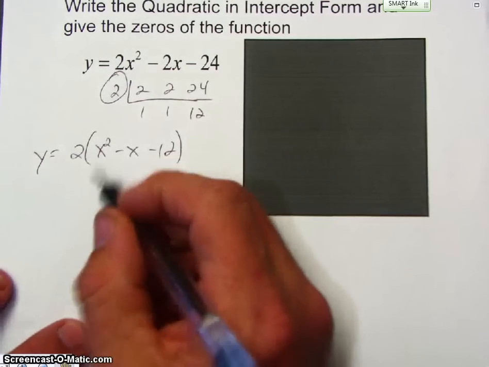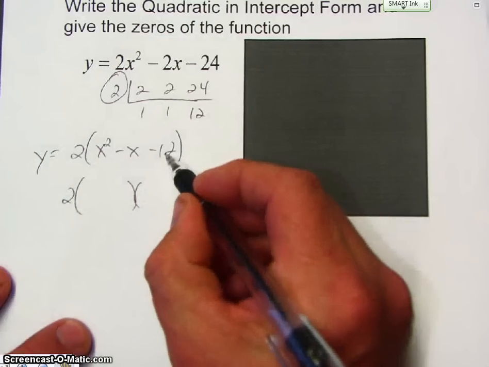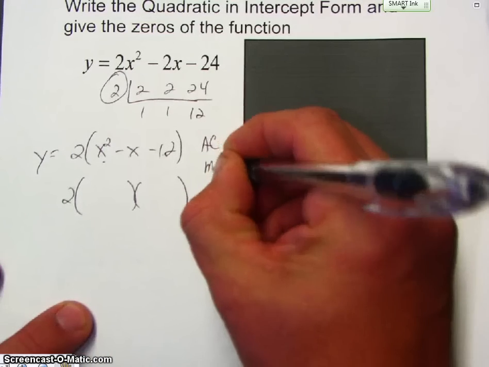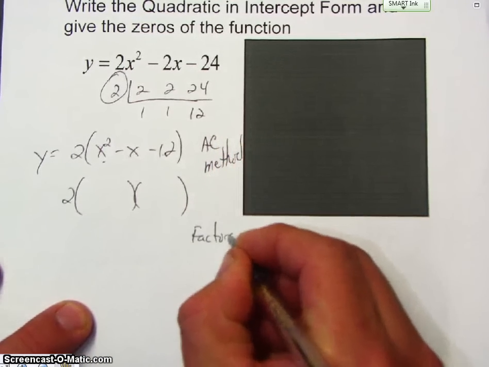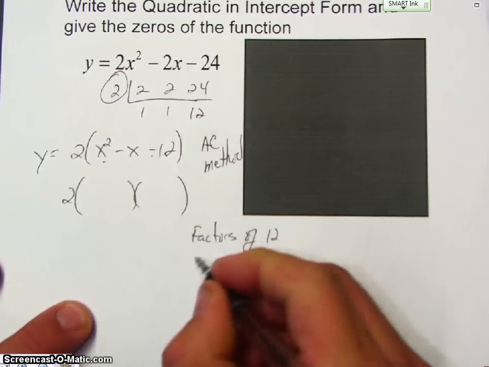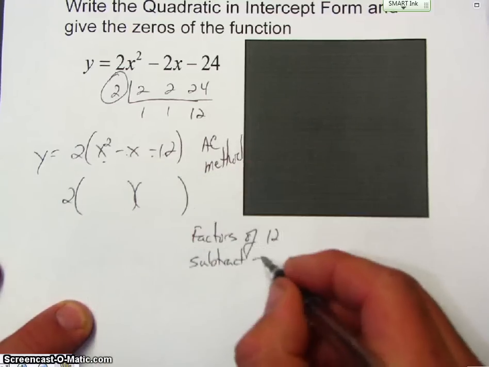Now I want to factor this. There are 3 terms, so it's the AC method. What are the factors of 12 that, if I subtract, give me 1?